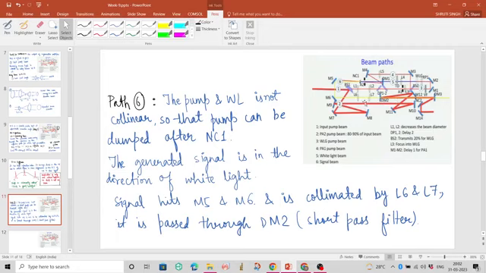Then it gets transmitted through the dichroic mirror 2 and hits NC2, which is nonlinear crystal 2. Now we have the signal generated, and we have to amplify this signal more. A moderate intensity gets generated after NC1. Now for amplifying, there is a second crystal here.